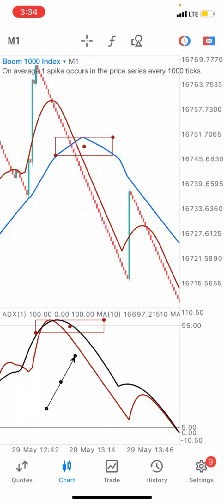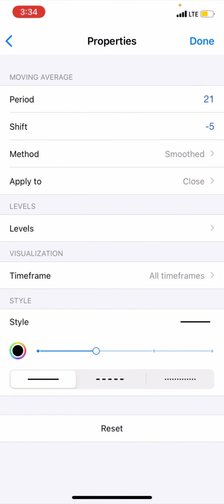This is the moving average that I just added, and then I'm going to go ahead and add the next moving average. This time around it will be period 21, shift -5, method smoothed, apply to close. Levels are not needed, so you leave that blank.